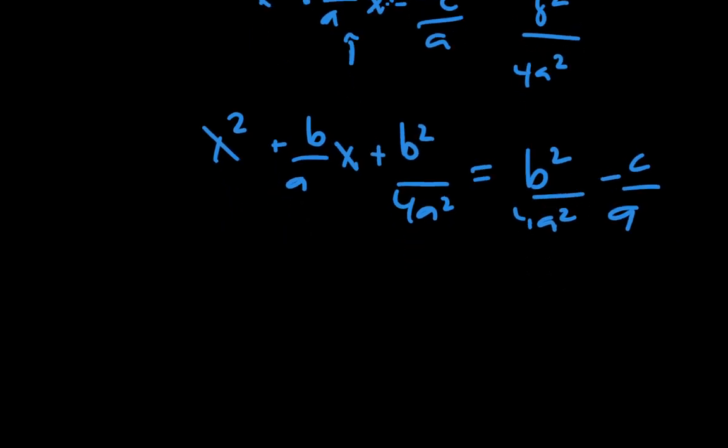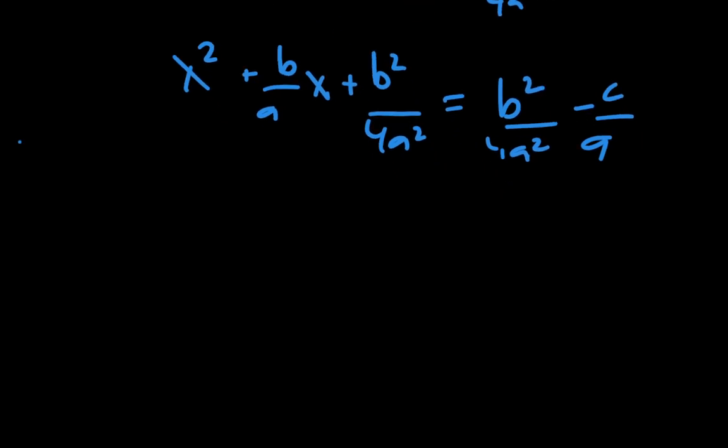Now, because this process is called completing the square, the left-hand side is now a perfect square with the b over 2a.